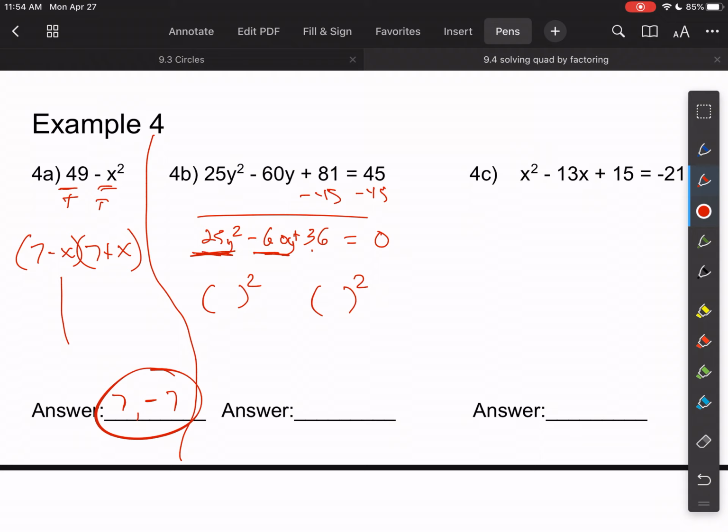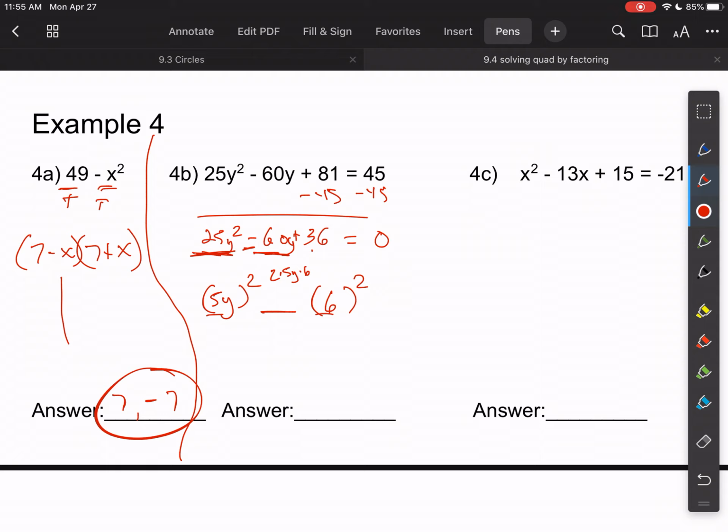So this thing would be the same thing as 5y squared. 5 squared is 25, y squared, right? And then this one would be 6. So what I'm hoping is that this is equal to 2 times 5y times 6, those 2 pieces. And it is, because 5y times 6 is 30y, 30y times 2 is 60y, right? So we have this negative sign that we have to consider, but it is.